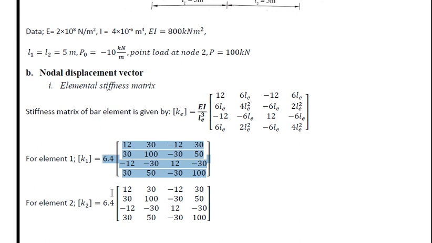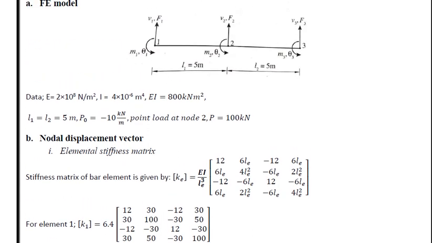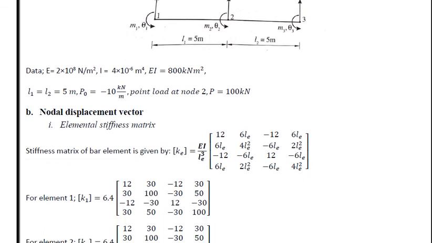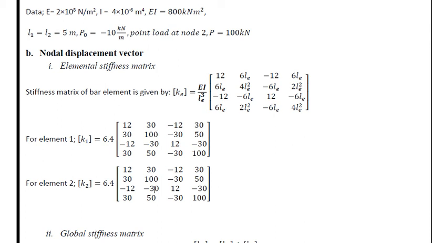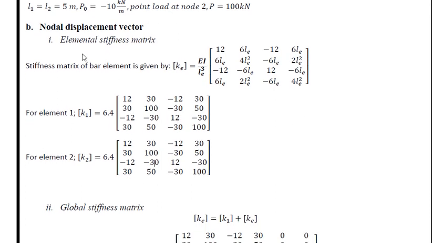So after considering, we will reduce to K1 like this, and K2 will be equal to K1 because both elements have the same value of E, the same value of I, the same value of L. Since E, I, L are same, no need to calculate again and again. K1 will be equal to K2.